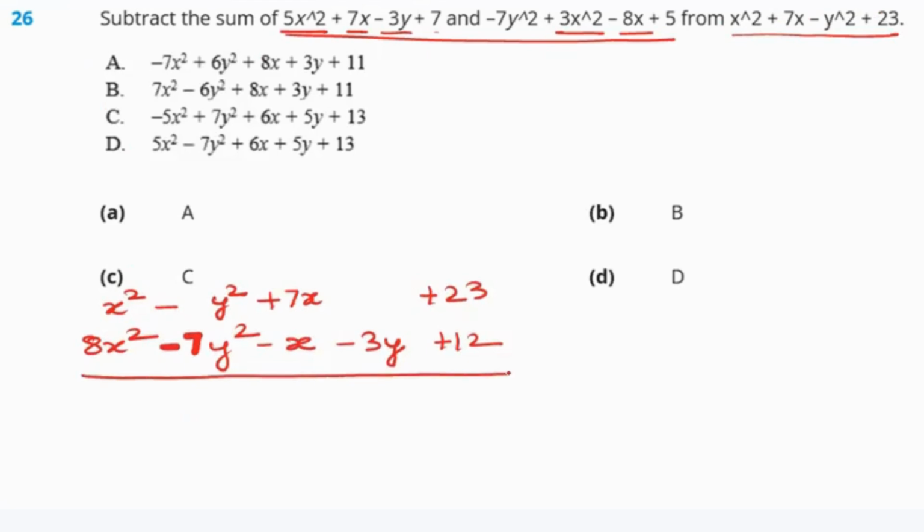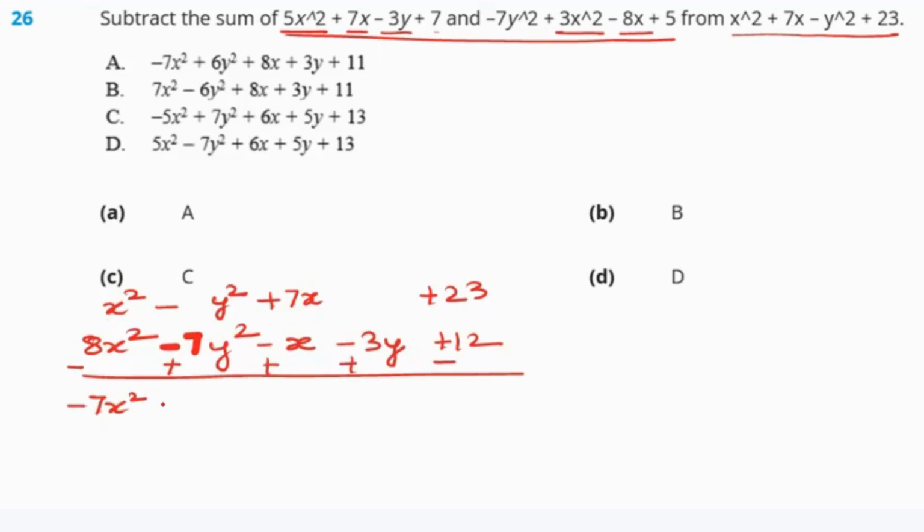Since we are subtracting, we need to change the signs. It becomes minus, it becomes plus, this becomes plus, this becomes plus, this becomes minus. So if we subtract x square and minus 8x square, we will be getting minus 7x square. And if we subtract 7y square from y square, we will be getting 6y square.